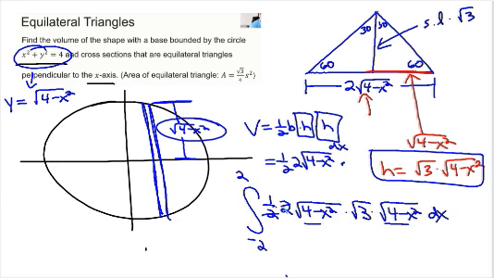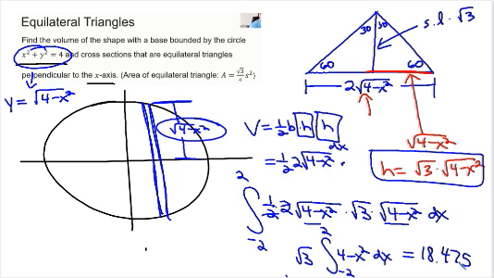So I just wind up with the square root of 3 out in front of my integral and just a 4 minus x squared dx. The antiderivative is not going to be too bad on this problem. We're going from -2 to 2. Our correct answer, when you work that out, should be 18.475.